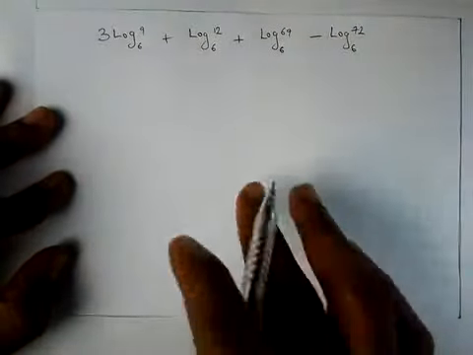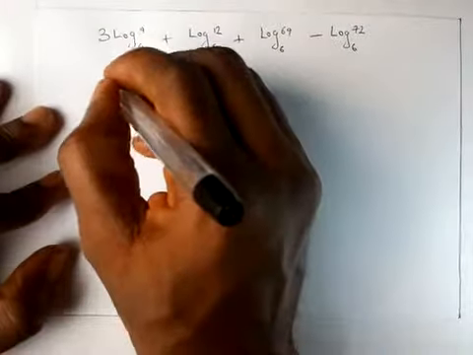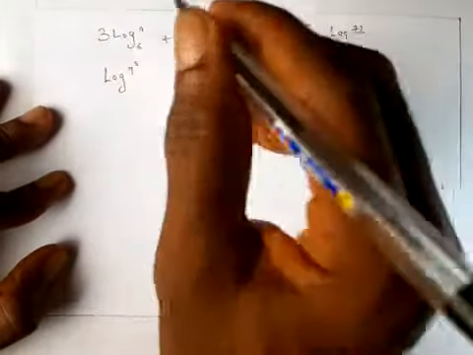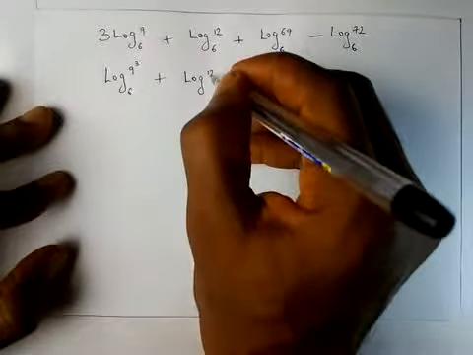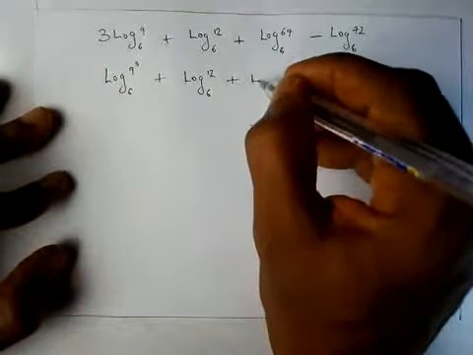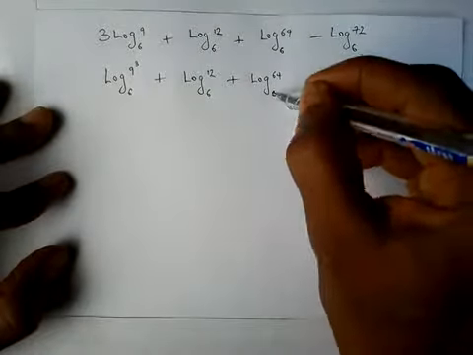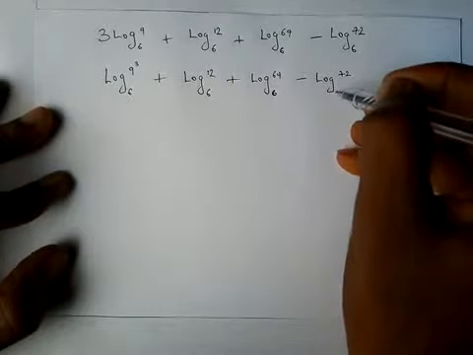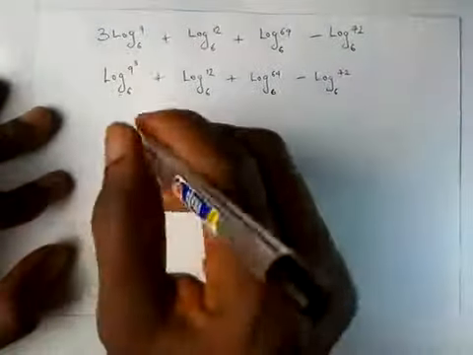Looking carefully, you see that they are all in base 6. So this is log 9 raised to power 3 to base 6 plus log 12 to base 6 plus log 64 to base 6 minus log 72 to base 6, plus you times, minus you divide.